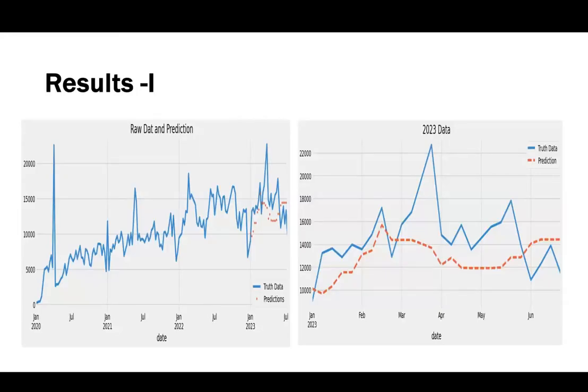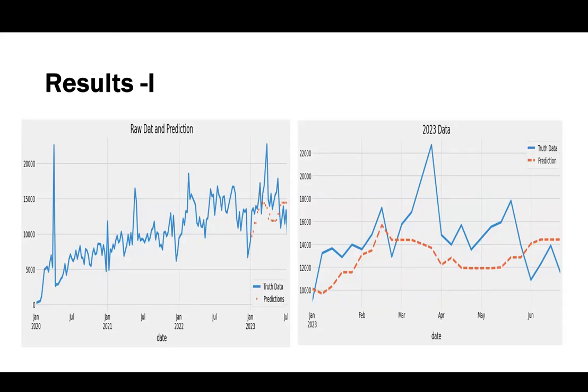These are our results. We have the real-time data and prediction from 2020 to 2022. That is the data we are using to train the model, and then for 2023 and so on, that is the data we are using to predict. So as you see on this first graph, we are able to show what the real data is for 2023, and then those red dots are what our model is predicting.